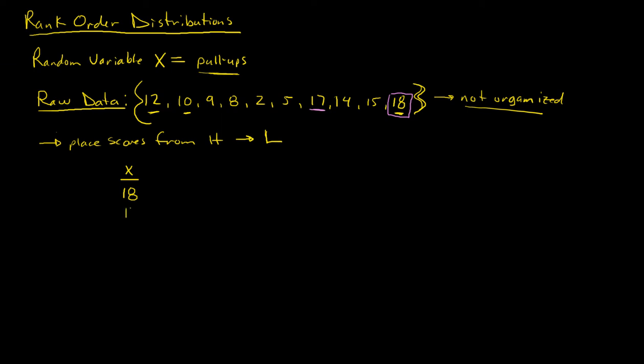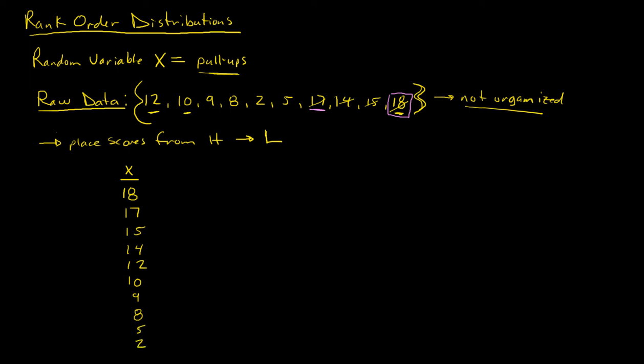So if I just continue to put these in descending order from highest to lowest, it'd be 18, 17, 15, 14. I could even cross these off if I wanted to, but not necessary though. 12, 10, 9, 8, 5, and 2.